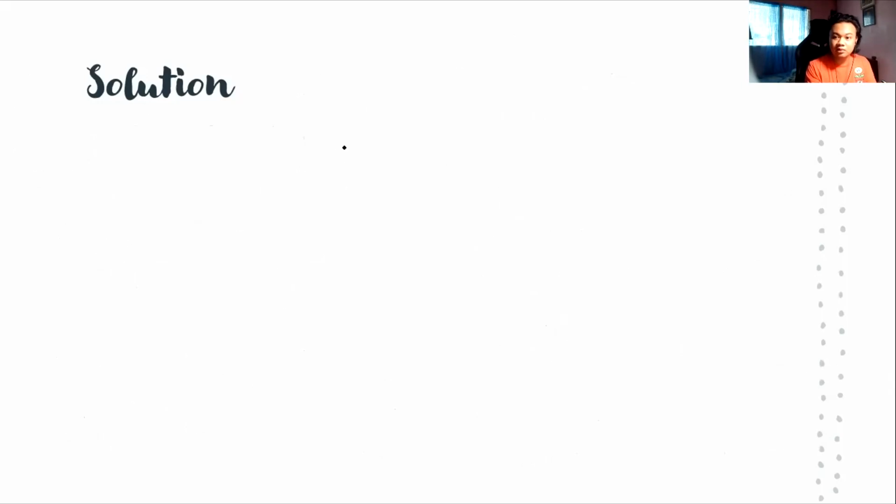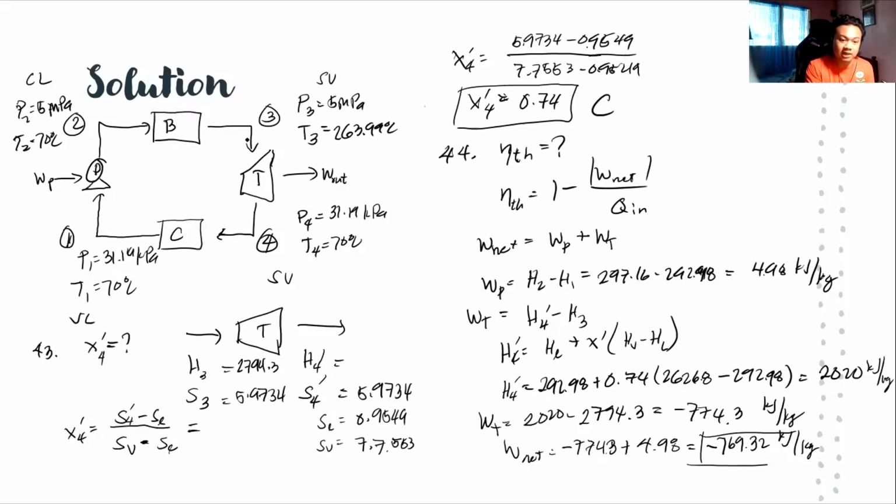Okay, so let's get the Q in. Q in is the heat produced, that was needed to heat up our water to steam, diba? This is actually here at our boiler. This is a Q in, diba? That means we have to get the difference of H3 and H2.